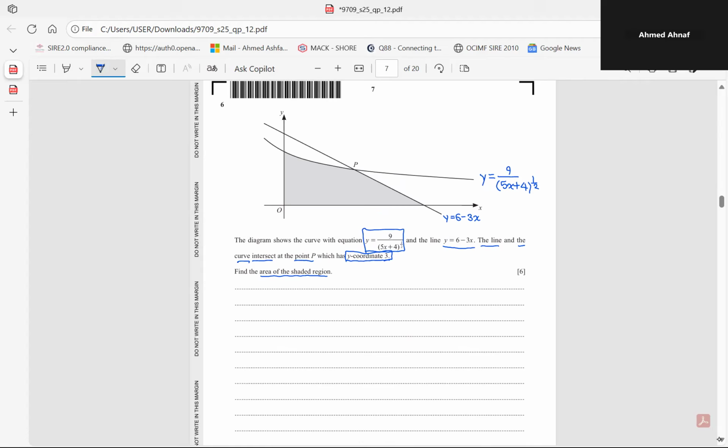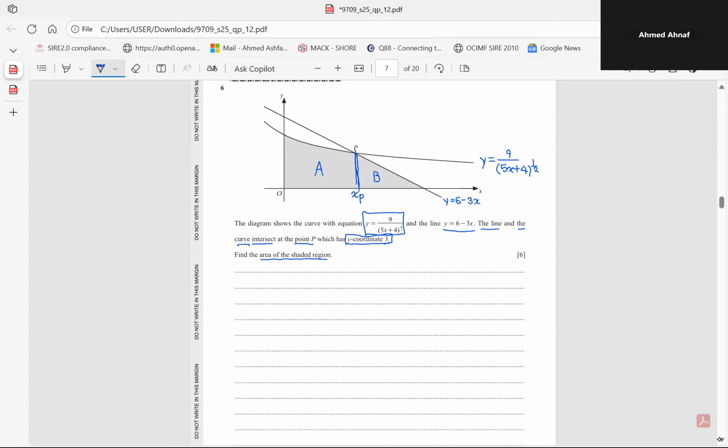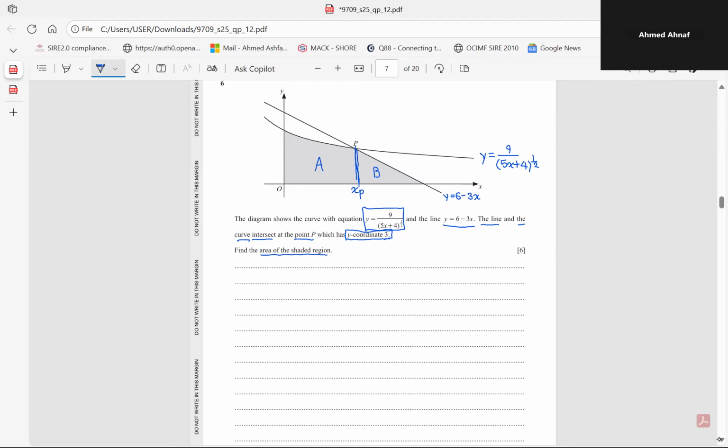I can see that we can make a triangle out of this, when we cut the shape at point P. So I'm going to let this triangle be B, and then we have this irregular area called A, which is the area under this curve from 0 to the x coordinate of P. So we're going to have to integrate this function with the limits of 0 and xP to find the area of A. Okay, so first of all, let's find the x coordinate of P.